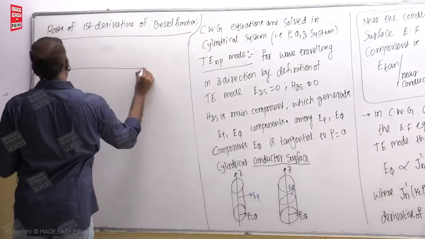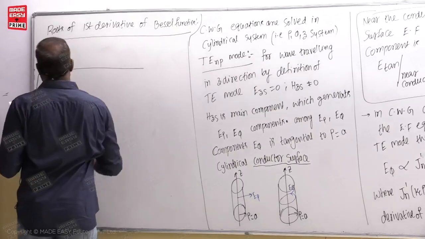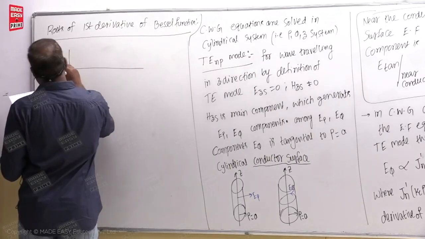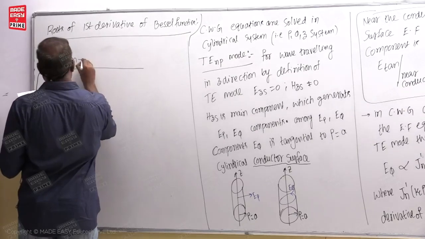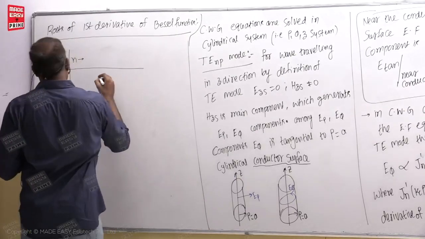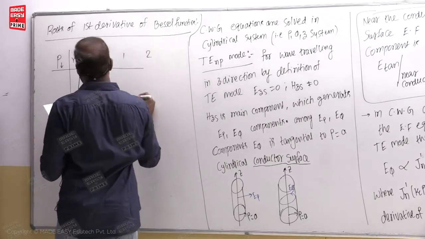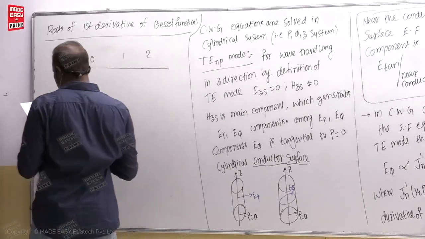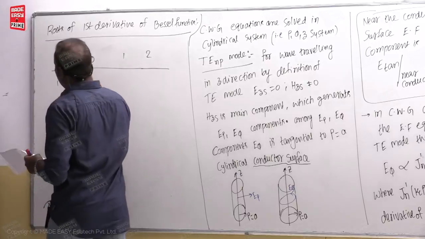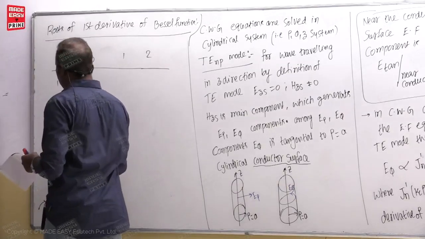Here you take integer p, right, like this. Here take an integer n. So n is 0 here, n is equal to 1 here, n is equal to 2 here, like that. Next, p is equal to 1, p is equal to 2, p is equal to 3.